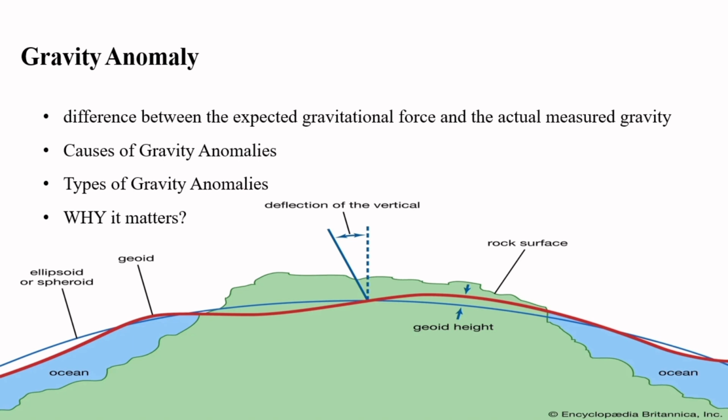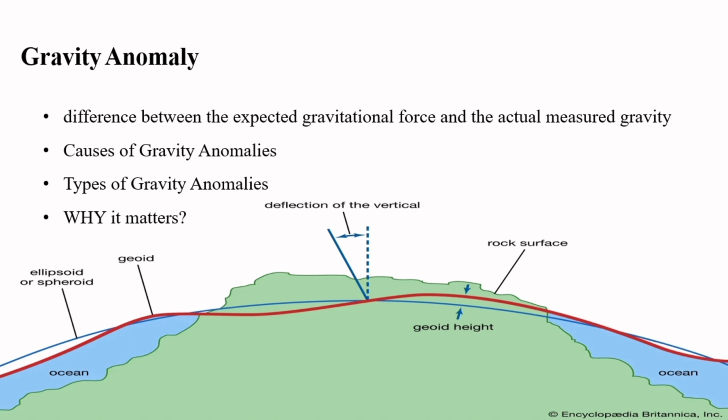Besides, geological features can cause gravity variations. Large features like mountain ranges, ocean trenches, or mineral deposits can influence local gravity. Moreover, Earth's shape and orientation are effective too. Earth's equatorial bulge and centrifugal force also affect local gravity measurements.